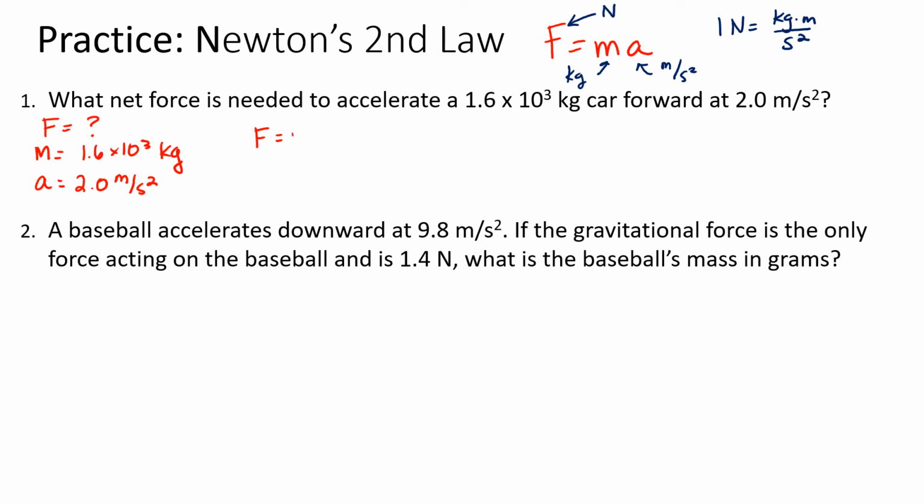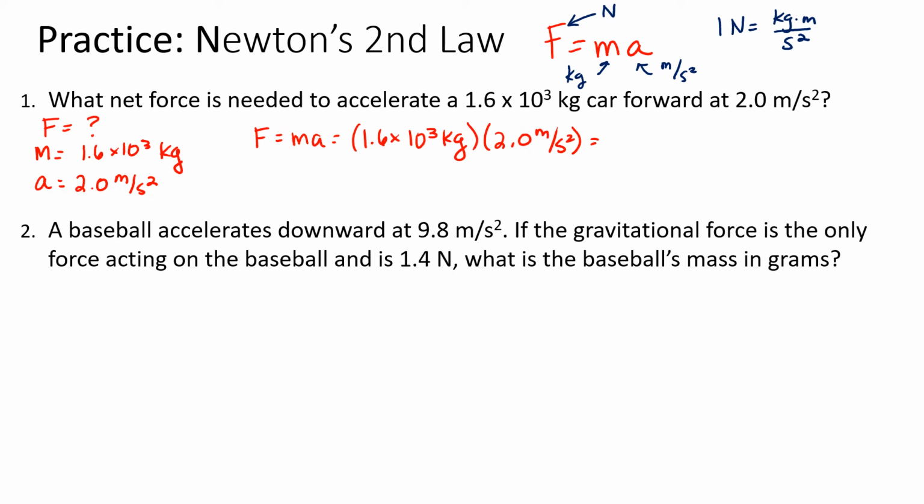So force equals mass times acceleration, where mass is 1.6 times 10 to the third kilograms. Acceleration is going to be 2.0 meters per second squared. And this is going to equal, excuse me, let me erase that right there. Let me see if I can get the right number in my calculator here.